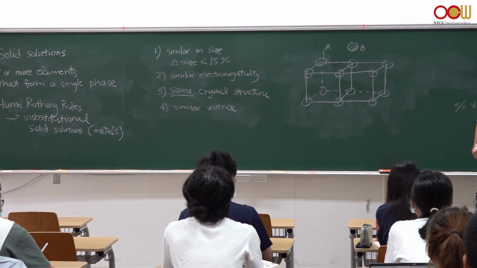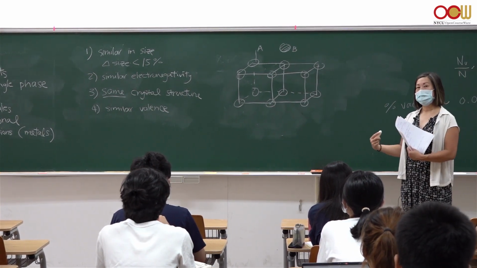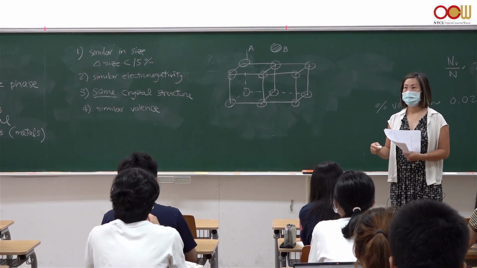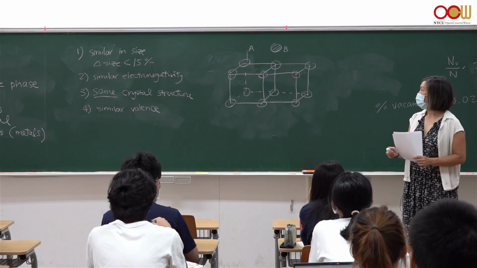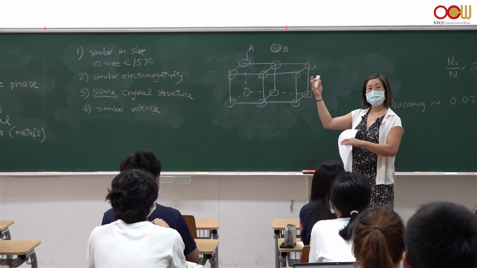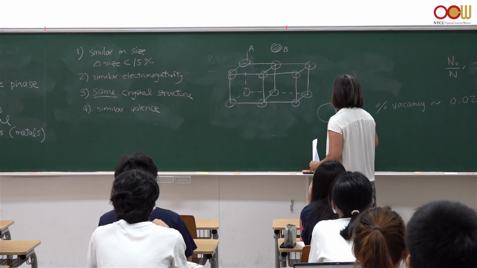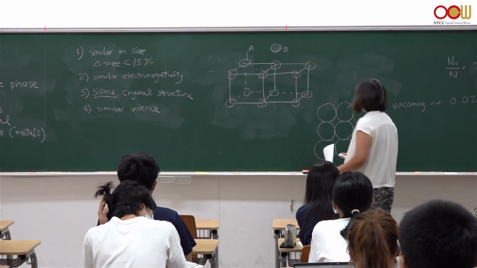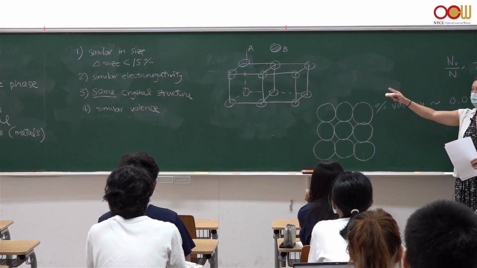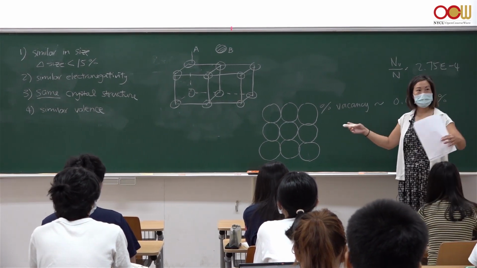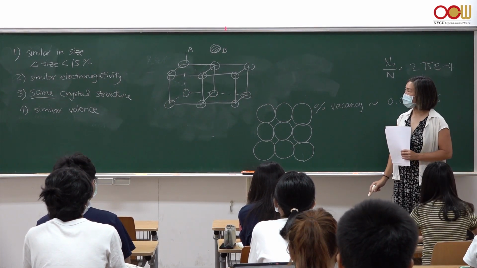Why might they need to have similar size? Why is that a rule? Well, if I were to draw this in a 2-dimensional plane, it would look something like this.